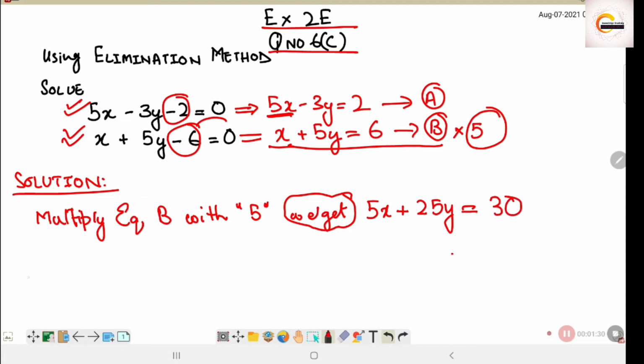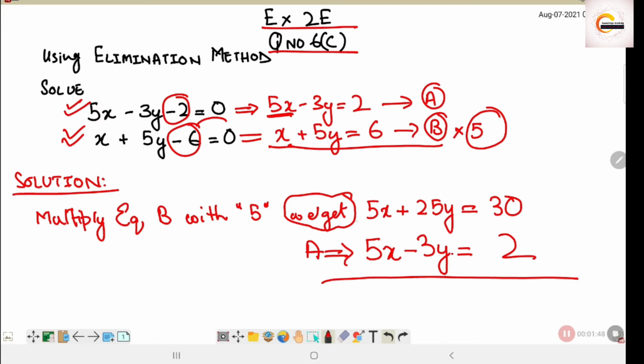And now we have equation A, we already have, so we can see the equation A implies that 5x minus 3y is equal to 2. Now as we know that the sign with 5x is plus, and this is equation C after multiplication.